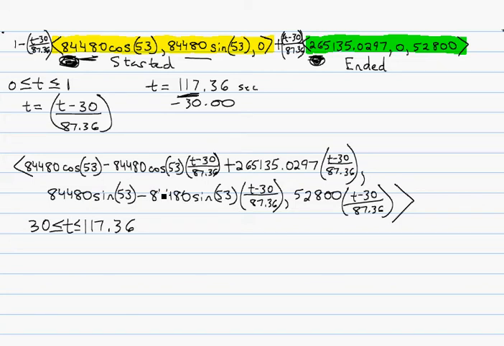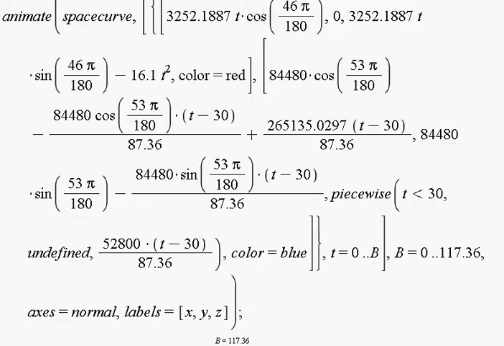and I did this on Maple, so let me pull that up. And there you go. There's where I put in all the code. So if we take a look at this, here's the original rocket, this first vector equation here, and it's in color red, so that's the original missile that took off.